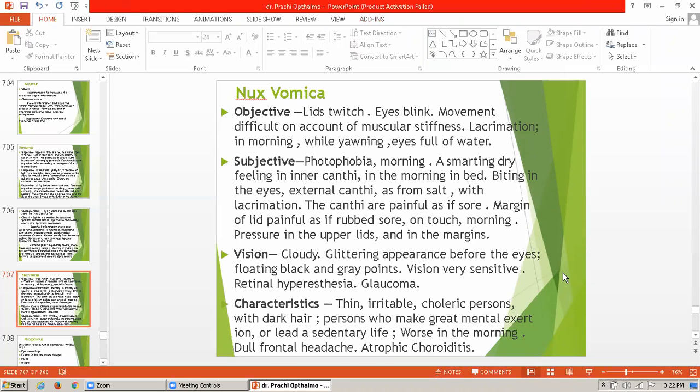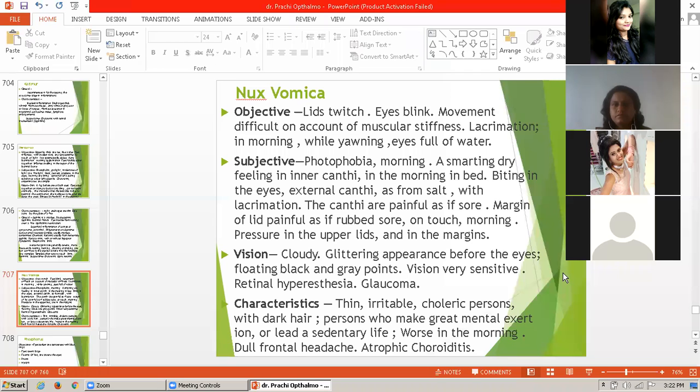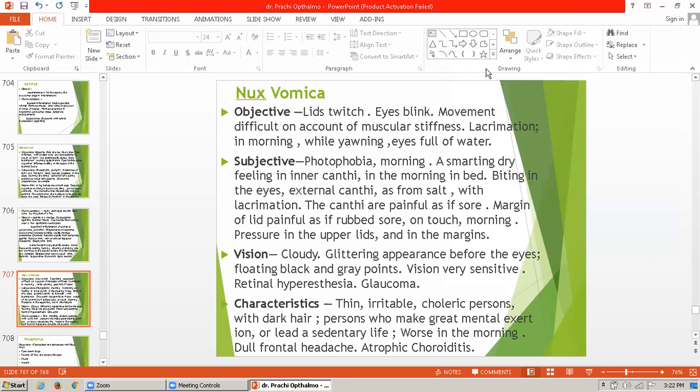Subjectively, there is photophobia, photophobia in the morning.